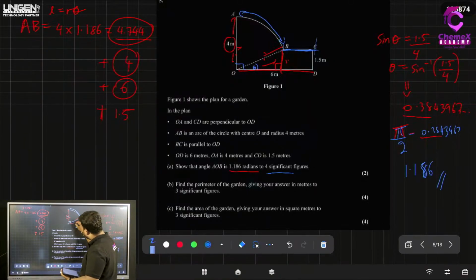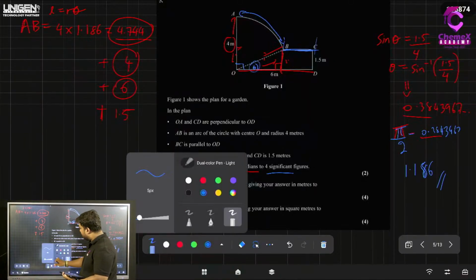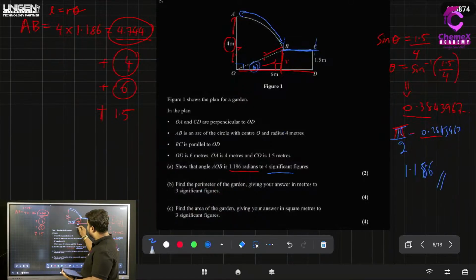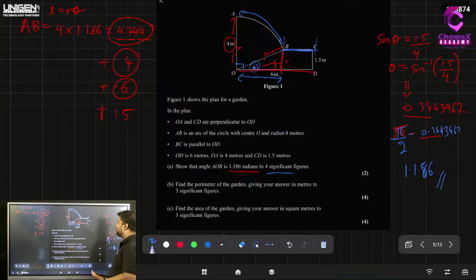We found this angle now here. So using that angle itself, we can find this length from here to here. What is that going to be? Adjacent, hypotenuse. Adjacent over hypotenuse is what? Cos.